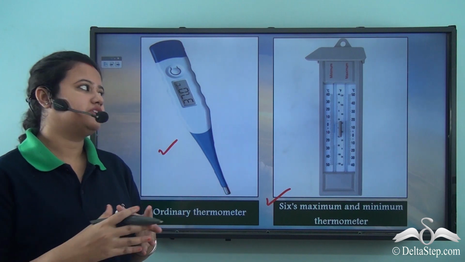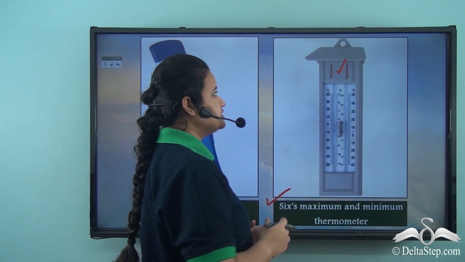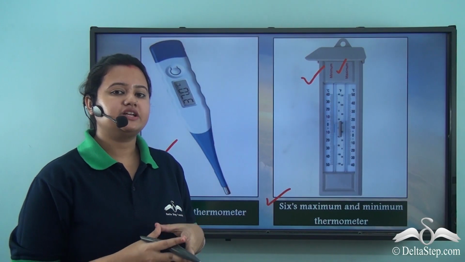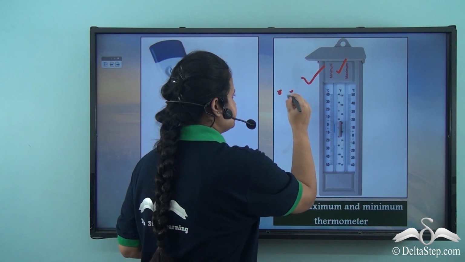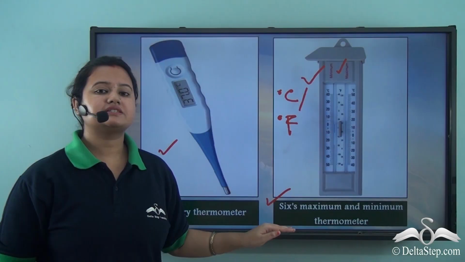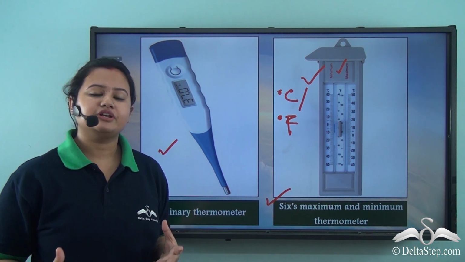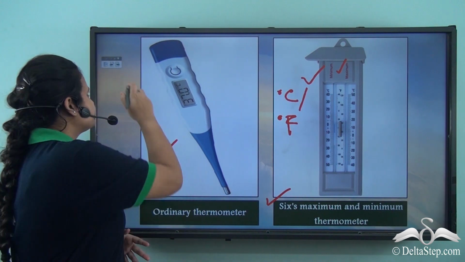That is, once it records the highest temperature of the day, and again it records the minimum temperature of the day. And in this device, the temperature is measured both in degree centigrade or in degree Fahrenheit. So Six's maximum and minimum thermometer helps to record the temperature of a place.